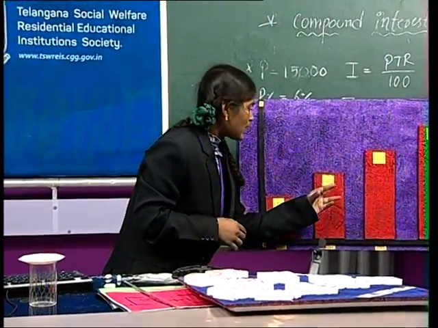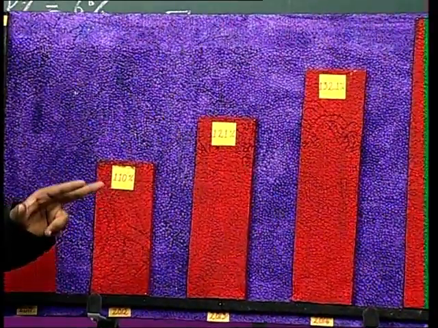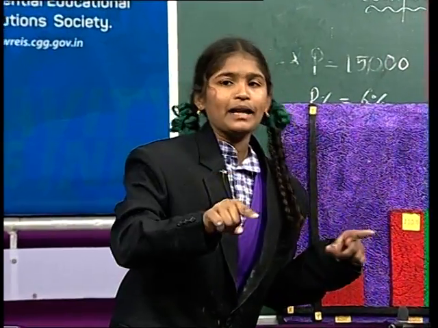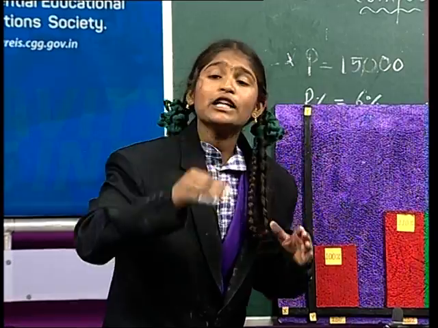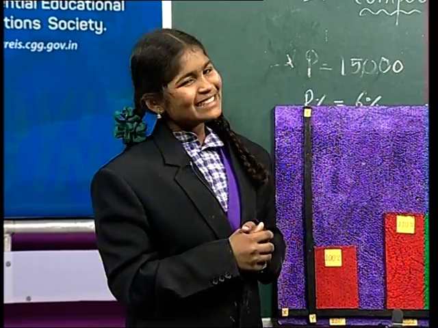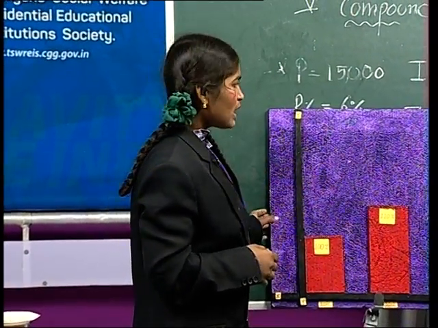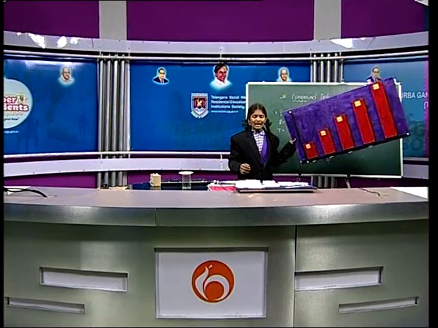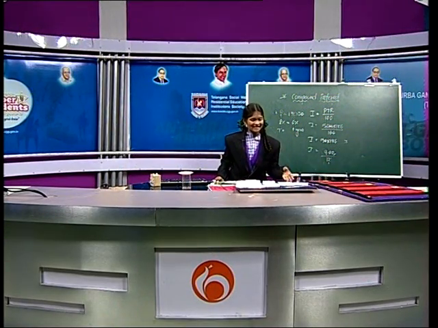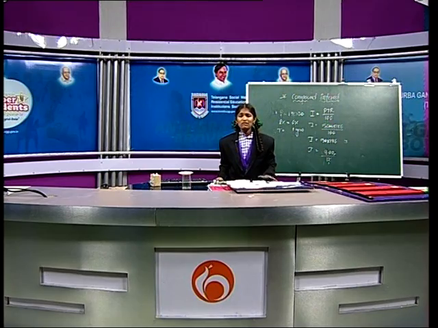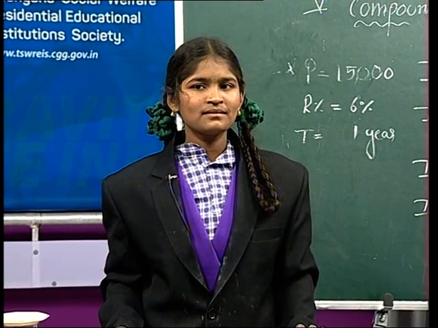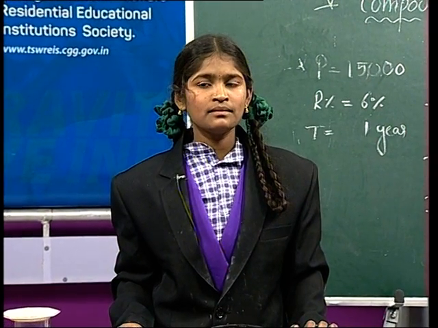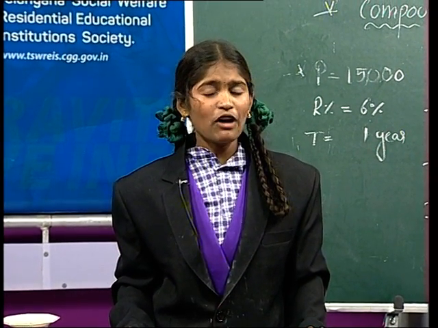So here 100, 121, so the population is increasing on increasing. So it is an example of compound interest. Next, increasing population. Hello, Swaro. Say your name. My name is Prem Kumar. I am from Ellaradi School from Vikarabad. What's your doubt, Swaro?